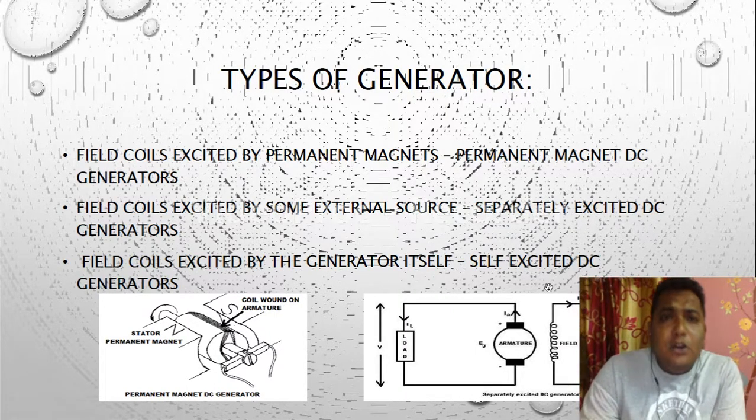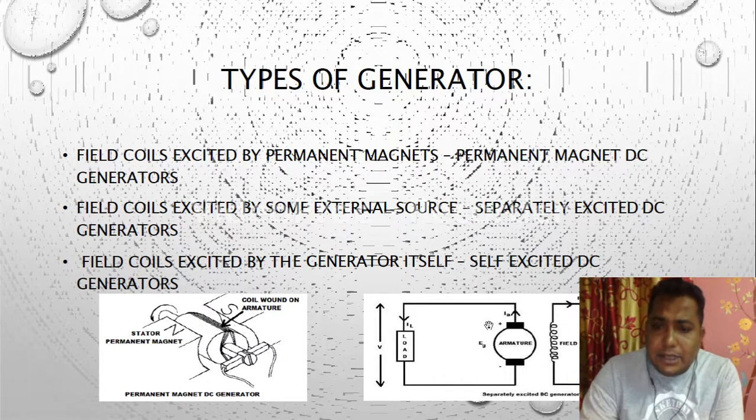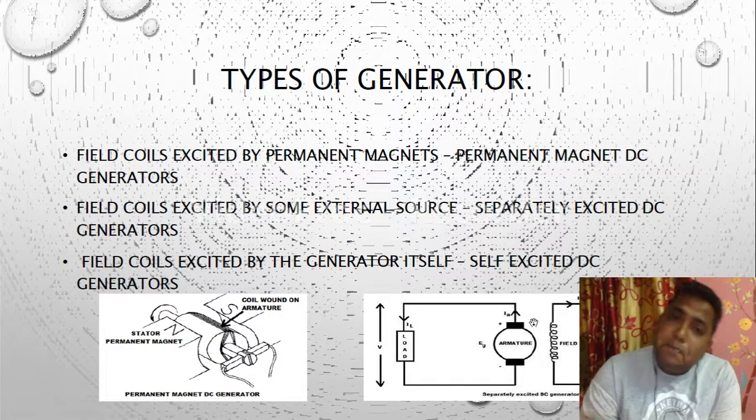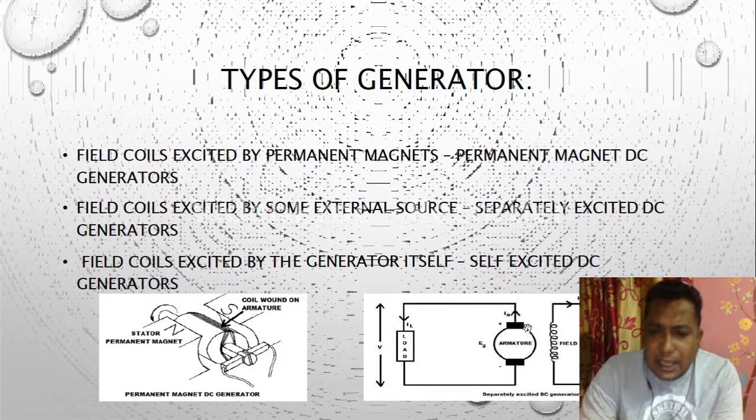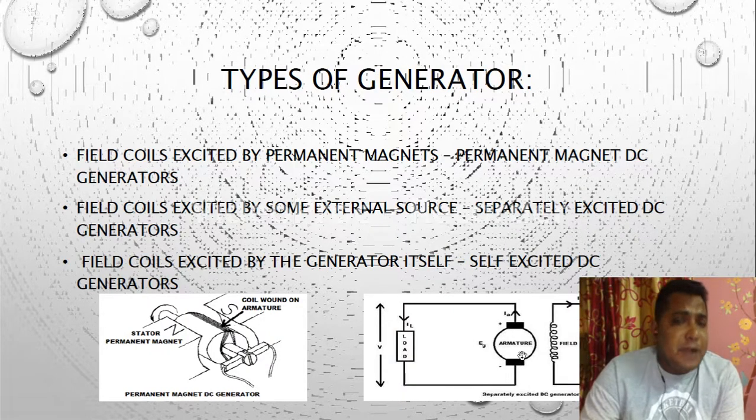So follow my pointer. This field winding is a stationary winding, and this armature winding is a rotating winding. To represent that it is a rotating winding, the armature winding is represented like this, and these two things here and here are the carbon brushes.